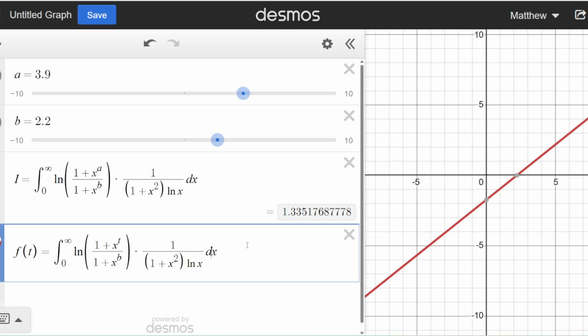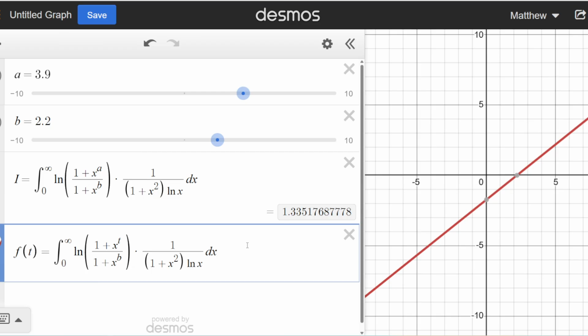So we're going to use that because when we take the derivative with respect to t, this whole part is going to drop out using the properties of logarithms. We'll get the natural log of this times this minus the natural log of this times this. And the natural log of this times this has no t's in it. So with respect to t, it just goes away.